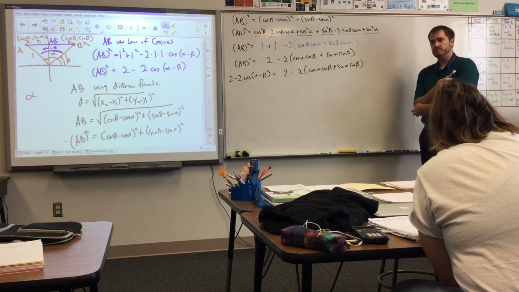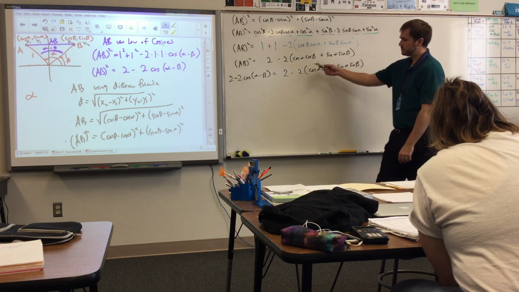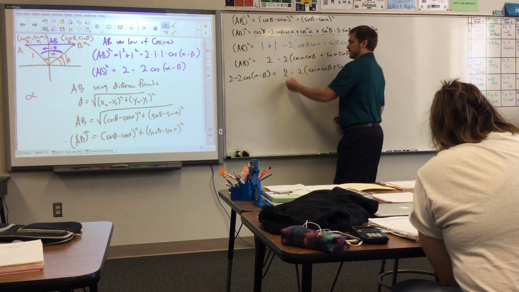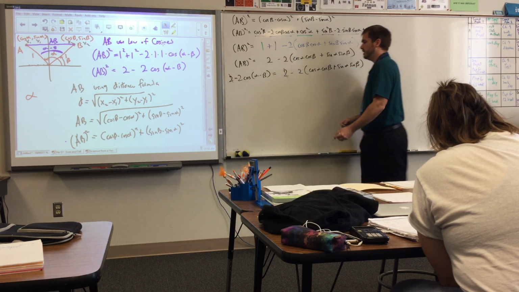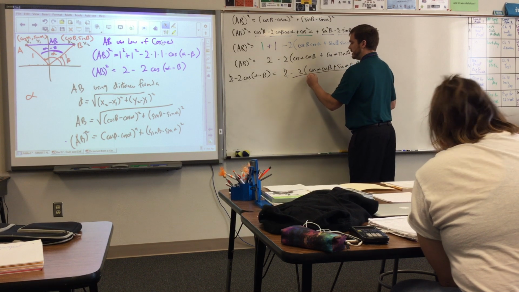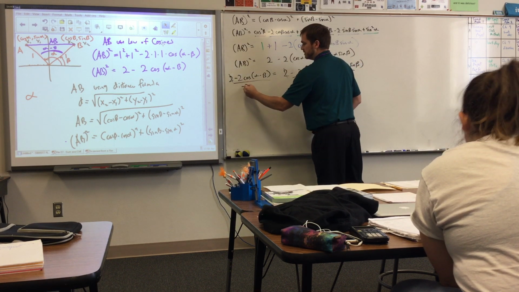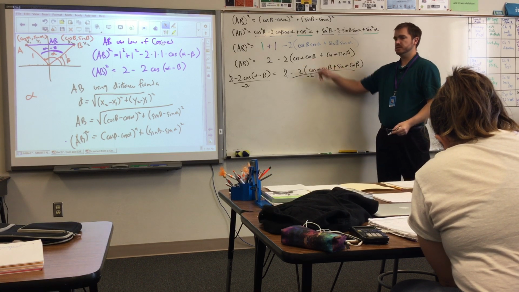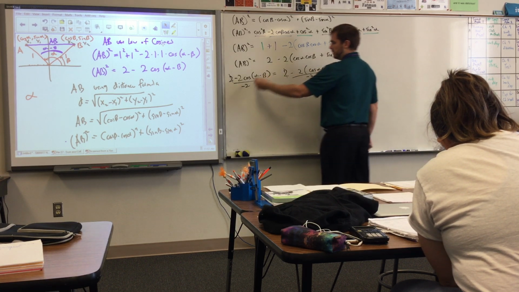All right, and then with some quick algebra, I'll subtract 2 from both sides. So now those are gone. I'll divide both sides by negative 2. So that just ends up being 1 over 1.